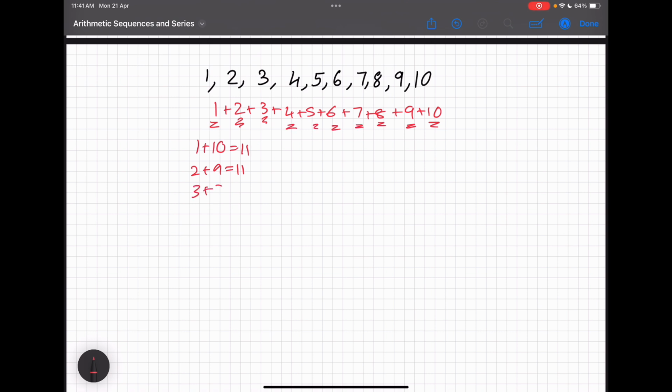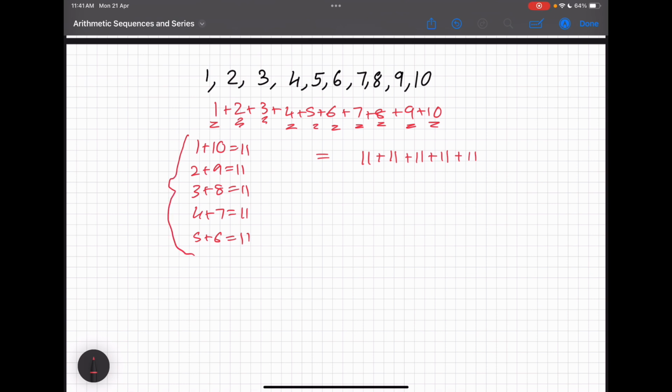So 3 plus 8 is equal to 11, 4 plus 7 is equal to 11, 5 plus 6 is equal to 11. Now we can simplify the equation further, which just gives us 11 plus 11 plus 11 plus 11 plus 11, because we have to add 11 5 times, because we got all these pairs here.